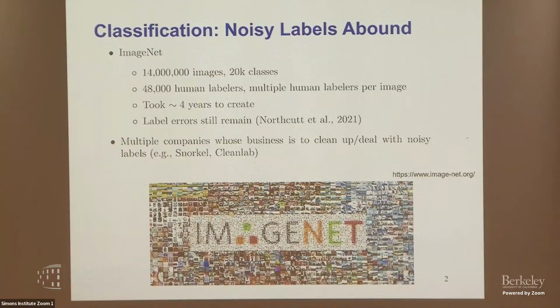And despite all of the effort that went into creating this data set, there have been recent analyses that argue that in the test data, for example, up to 6% of the labels are actually inaccurate. So it just goes to show that even with a lot of effort, it can be very challenging to obtain accurate labels in modern large-scale data sets.